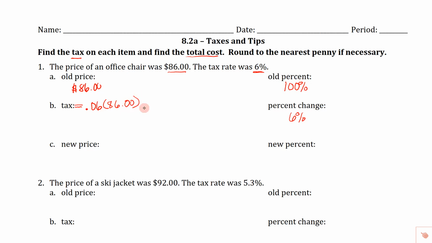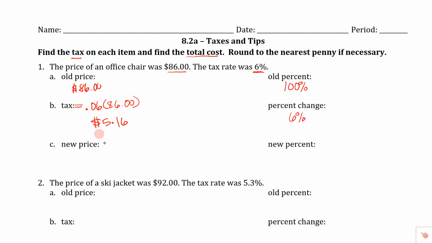Okay, now we can type that in our calculator. When you type that in your calculator, 0.06 parentheses 86.00 parentheses, you should get that the tax for this chair is $5.16. Again, we're rounding to the nearest cent if we need to. All right, so that's our tax.